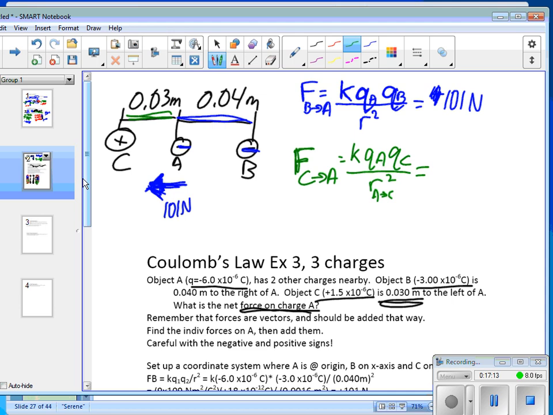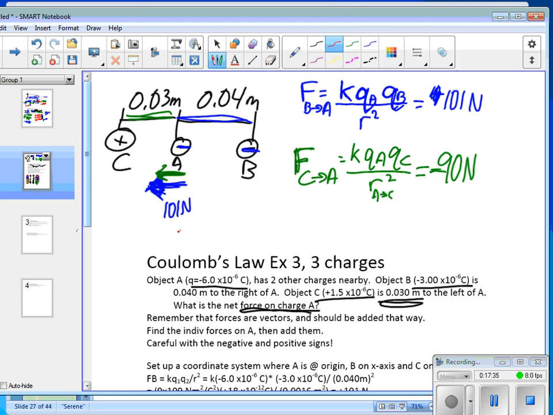I plug that in, and I get 90 newtons. Once again, to the left. This time it was a negative. You say, what does that mean about the direction? Well, both of them are in the leftward direction. So that just means I'm going to add the vectors together.